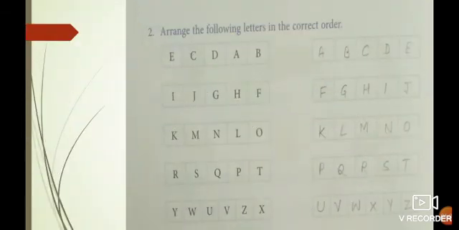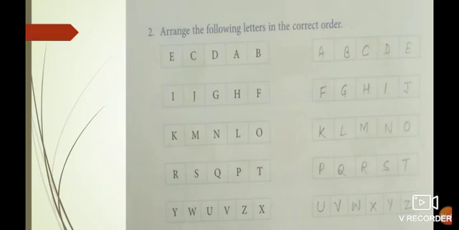Now, question number 2. Question number 2 is arrange the following letters in the correct order. Now see what is given. It's given E, C, D, A, B. Is it correct?